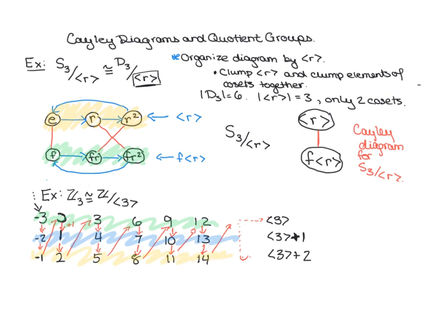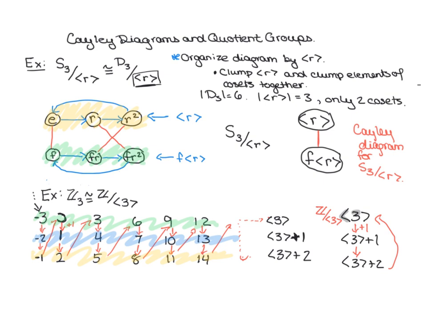Okay, so collapsing each of these, we get 3, 3 plus 1, 3 plus 2, and they're each connected according to the +1 action. And then this is the Cayley diagram for Z modulo 3. Okay, and notice that it's still like a cyclic group. It's still a cyclic group of order 3. It's just lined up a little bit differently than what we would often see.